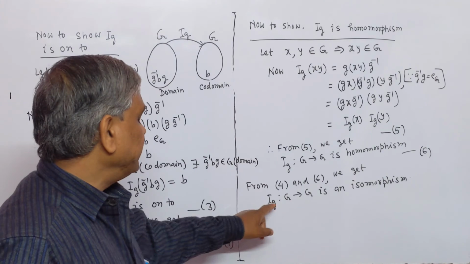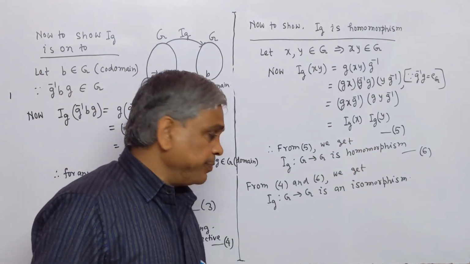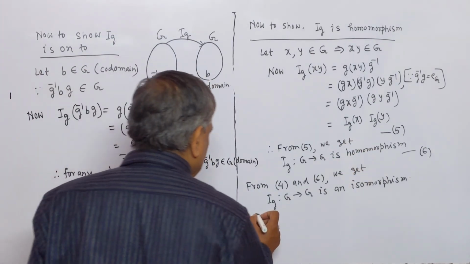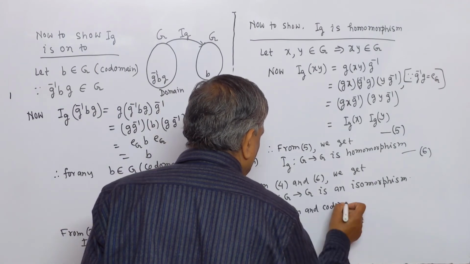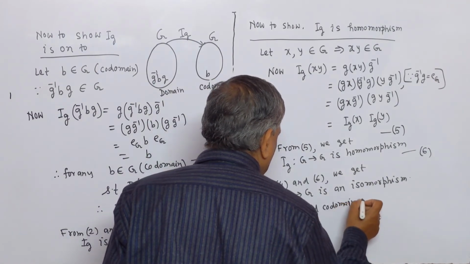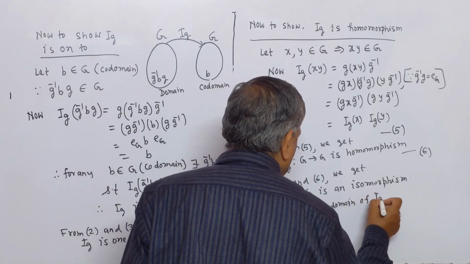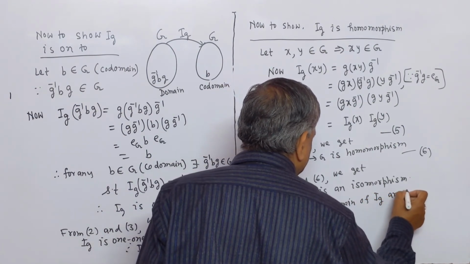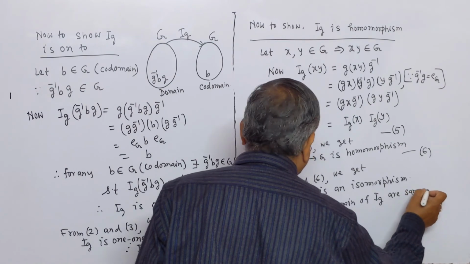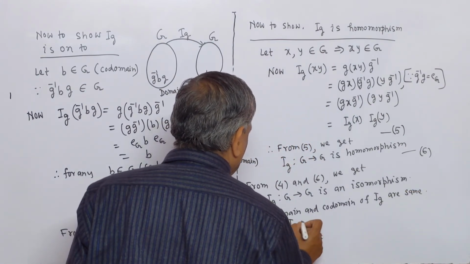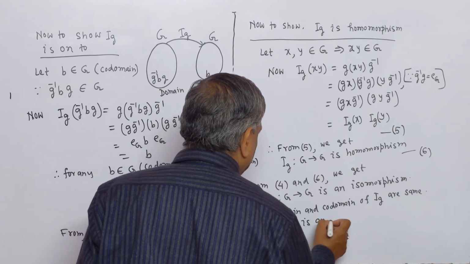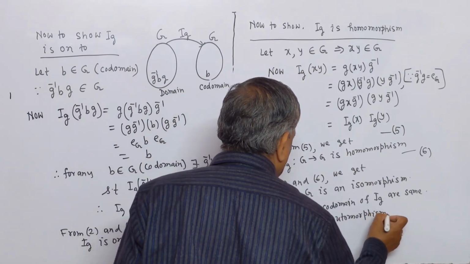Therefore, I_g is an isomorphism. Since the domain and codomain of I_g are the same, therefore I_g is an automorphism. Proved.